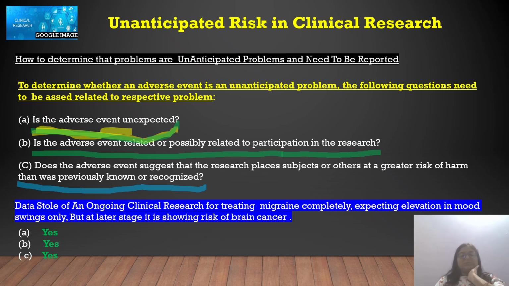So we first analyze through all these three questions, and if the answer to all three is yes, yes, yes, then obviously these are unanticipated problems and they need to be reported to the regulatory authority.